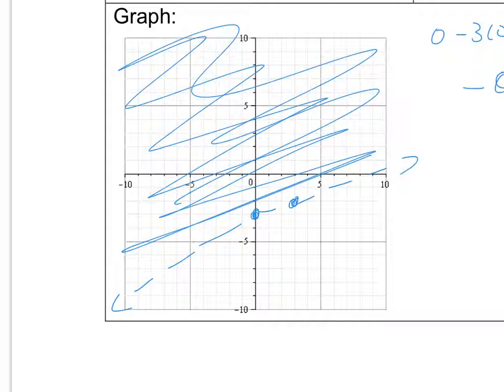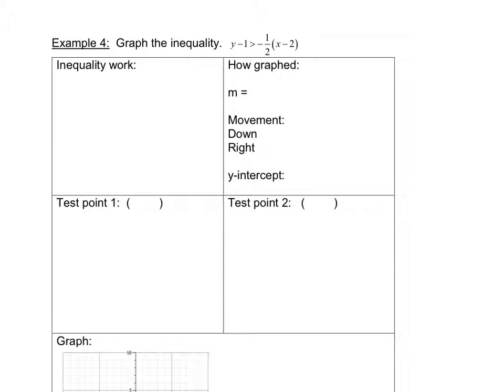Okay, so let's take a look at another one. Alright, graph the inequality. But here's the thing. I would not do any work on this one, because this is point slope form. So to me there's no really inequality work here. It's more identify the point. We have a point of 2, 1.